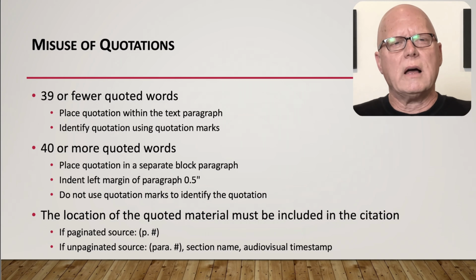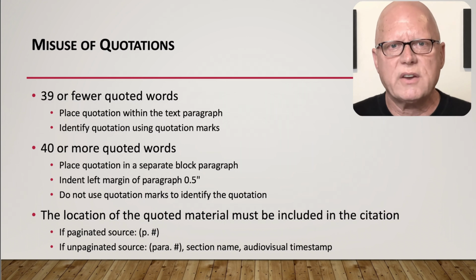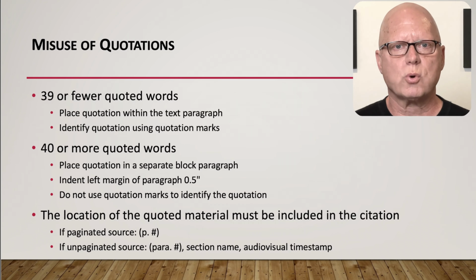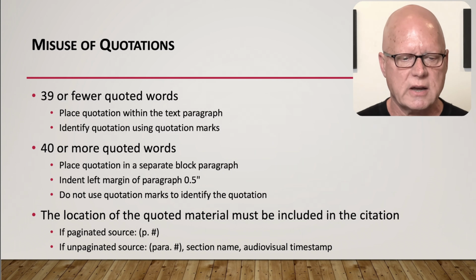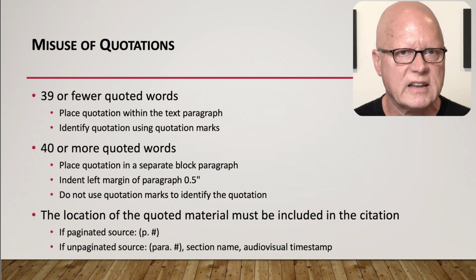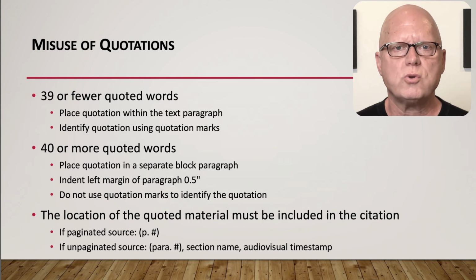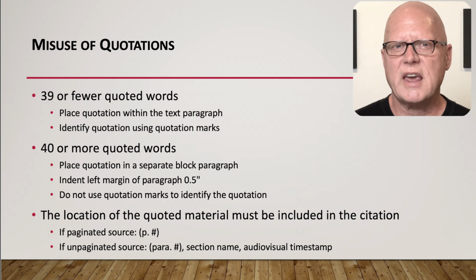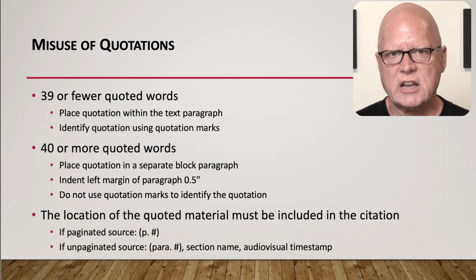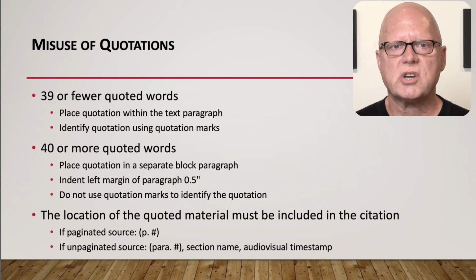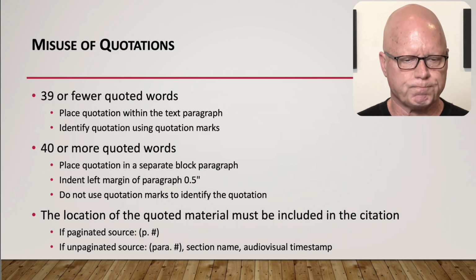Now, while I generally advise my students to not quote their sources, instead to paraphrase their sources, you will take classes that will require you to quote your sources. This occasionally happens in sociology courses, in political science courses, in religion courses.